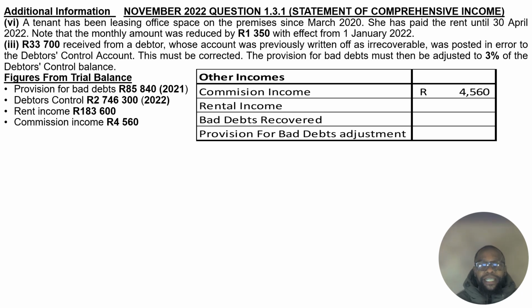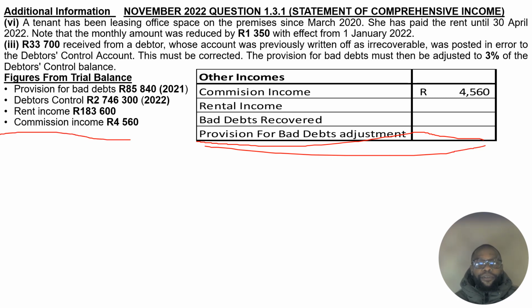These are what I've extracted from your answer sheet, and then these ones are from your trial balance, and these ones are from your additional information. They are going to assist us.